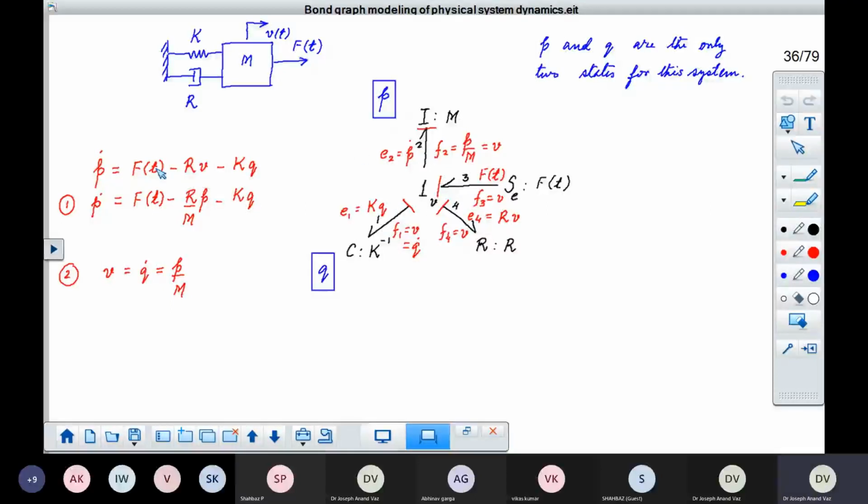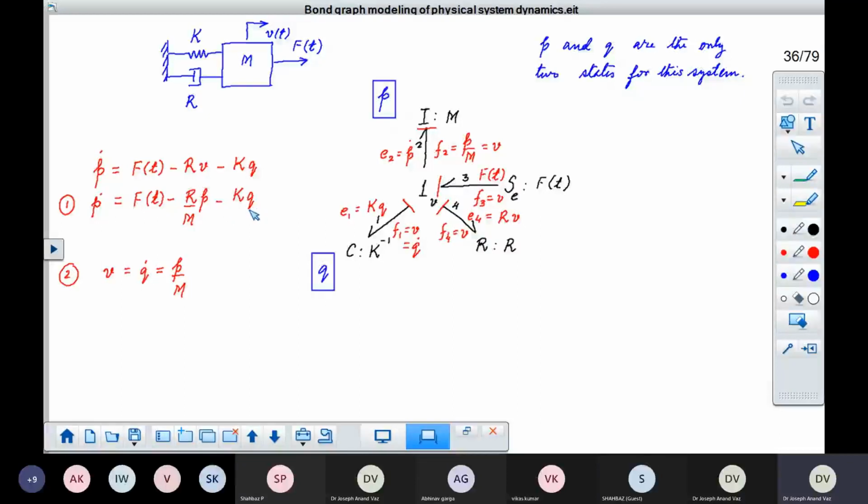So this effort is equal to P dot, and that is equal to F of t minus R into V minus K into Q. So when you simplify it, if you replace R into V, you can write it as R into P upon M. So on the right hand side, you just have the states and parameters.